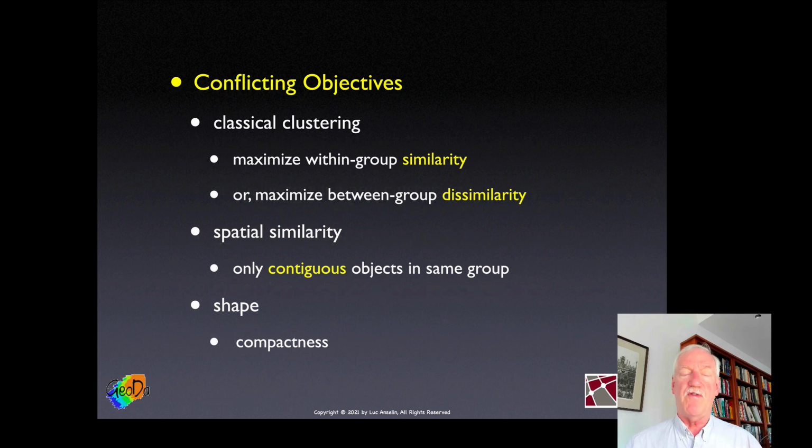So we have a conflict, as I mentioned. In classic clustering, the locations of the observations are not taken into account. And classic clustering only focuses on maximizing within group similarity or between group dissimilarity.